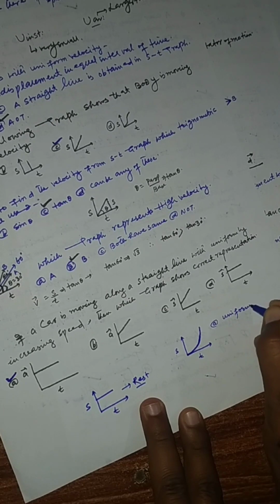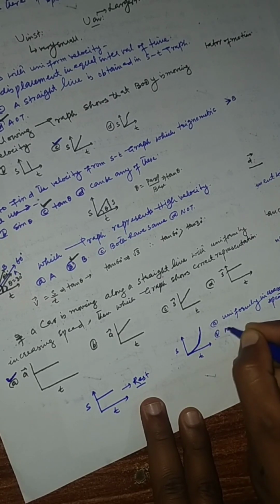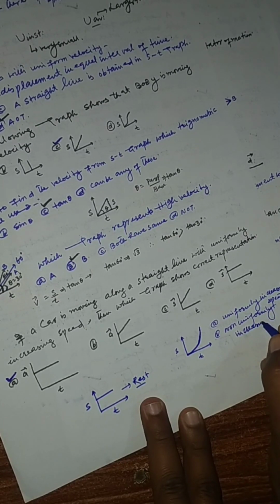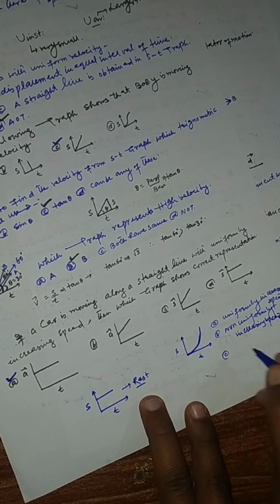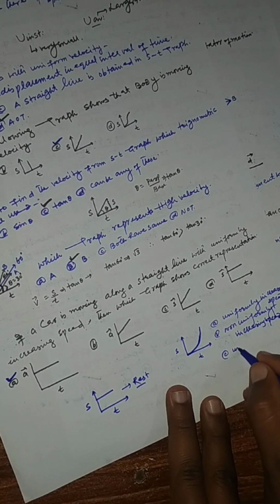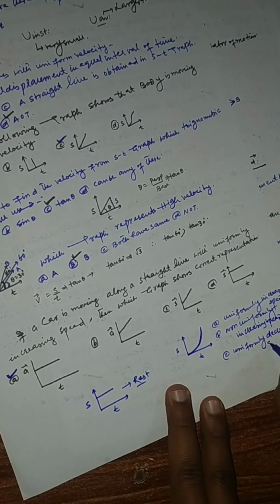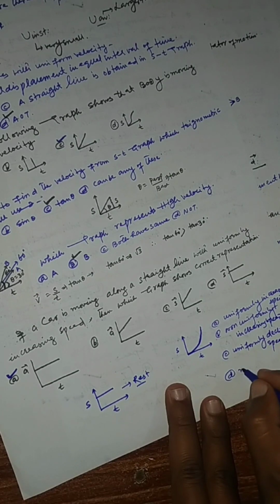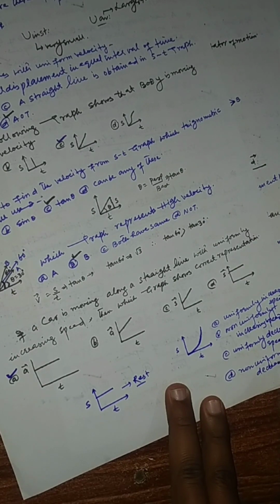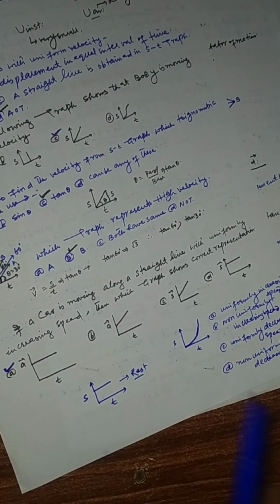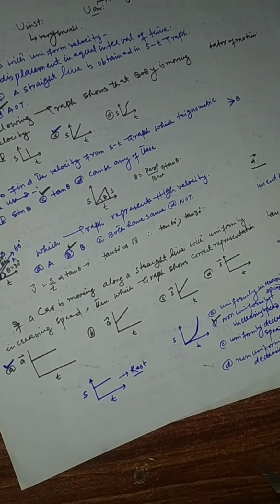Here the slope is going higher, so this will be non-uniformly increasing speed.